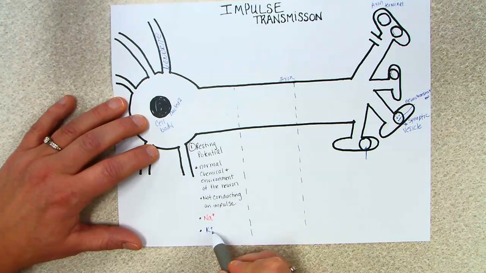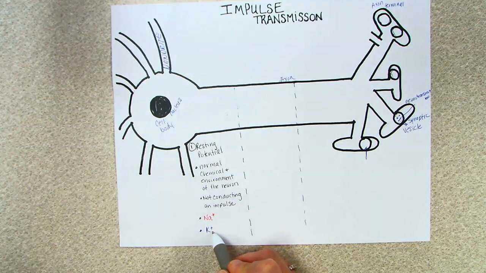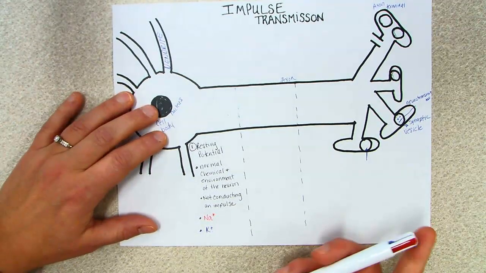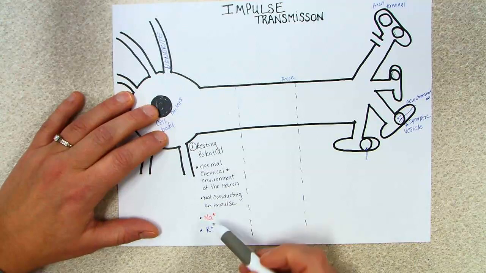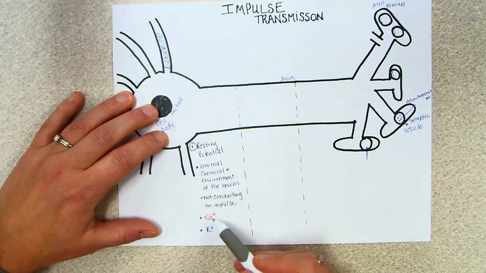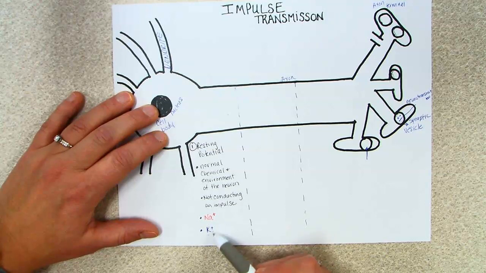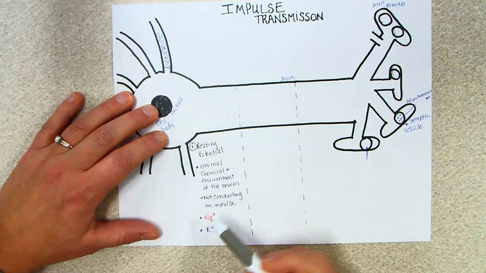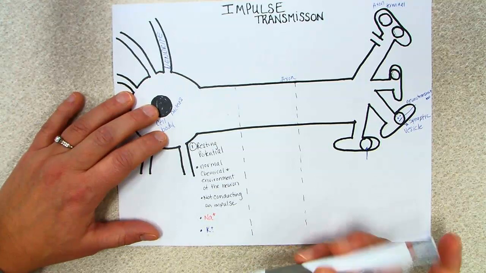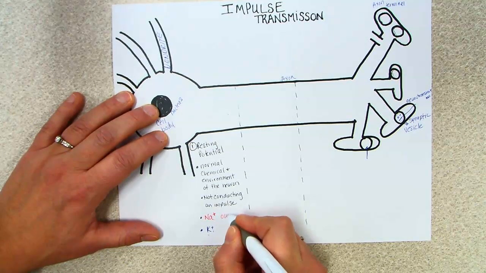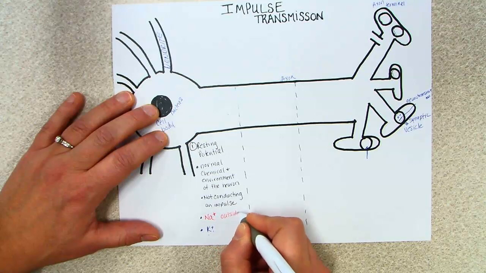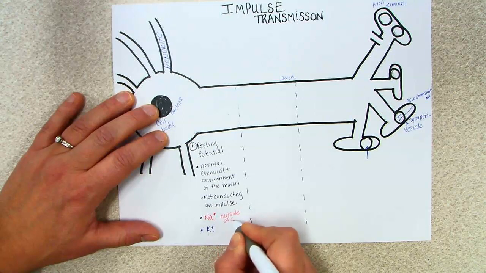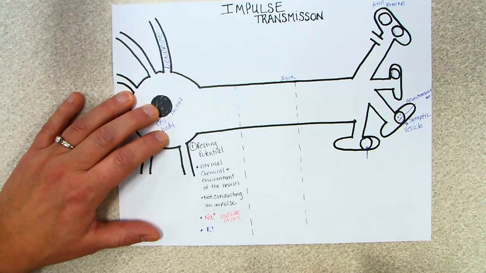Sodium and potassium are both positively charged, so that means that they gave up an electron. However, they're not evenly charged. Actually, your potassium is more negative than the sodium. So there's going to be sodium concentrated outside of the cell, and the potassiums are going to be concentrated inside of the cell.